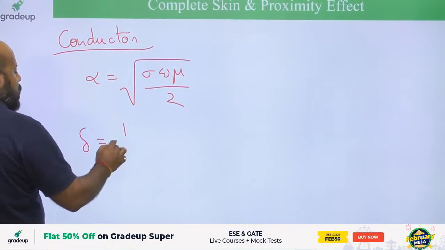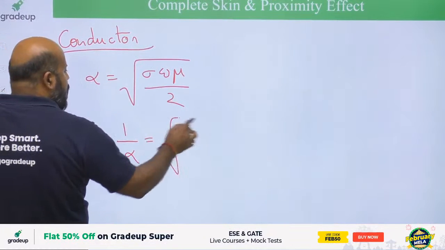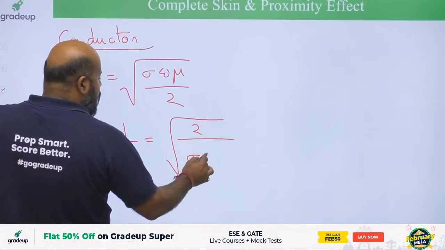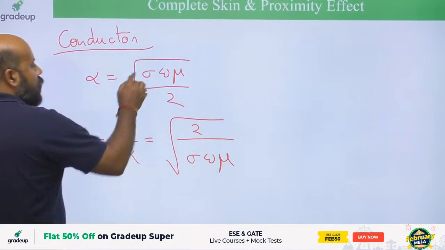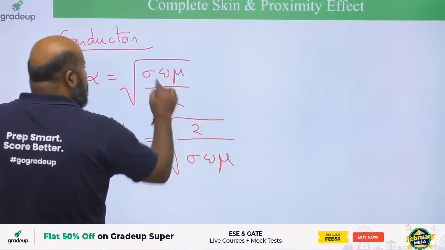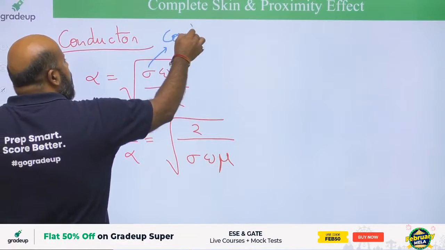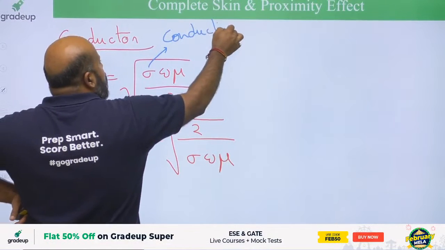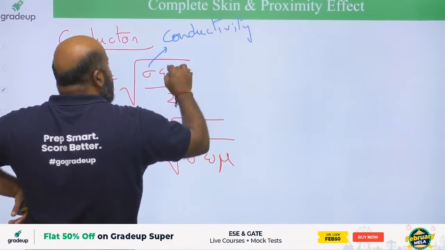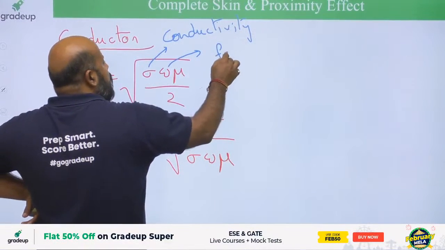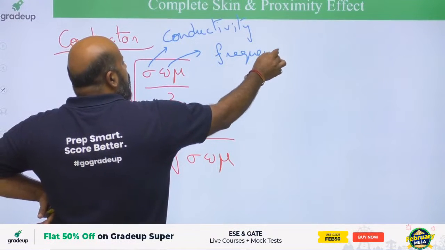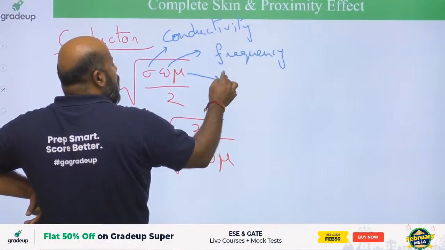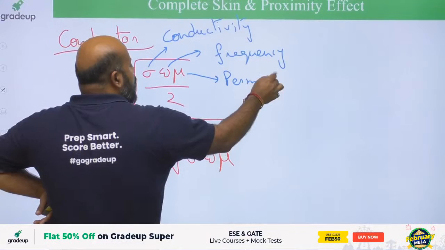If del is 1 upon alpha, then you can write del as the square root of 2 upon sigma omega mu. You know what sigma is? Sigma is the conductivity of the material, omega is the frequency, and mu is the permeability.